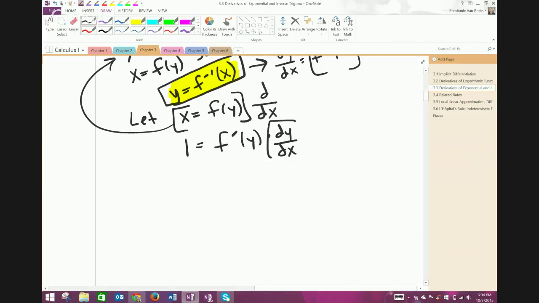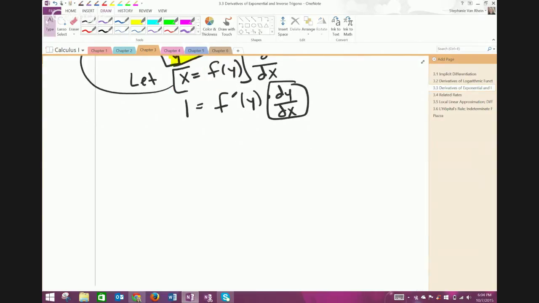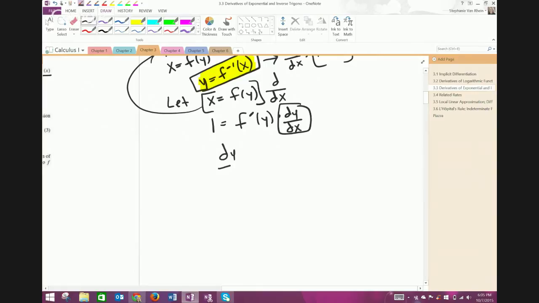If I solve for dy over dx, I have dy over dx is 1 divided by the derivative of the original function evaluated at y, but y is the inverse, right? So a couple different ways to write that.